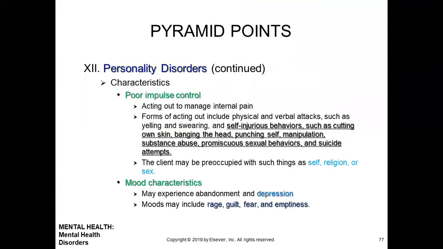What next? What are the characteristics of personality disorder? They have poor impulse control, like acting out to manage internal pain. So they are very dramatic. Their expression is too much, exaggerated expression.